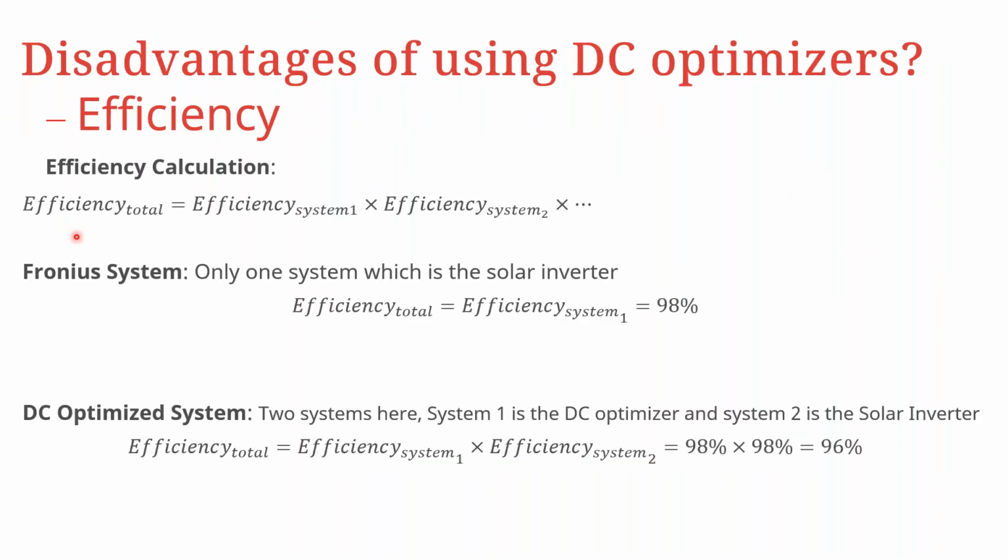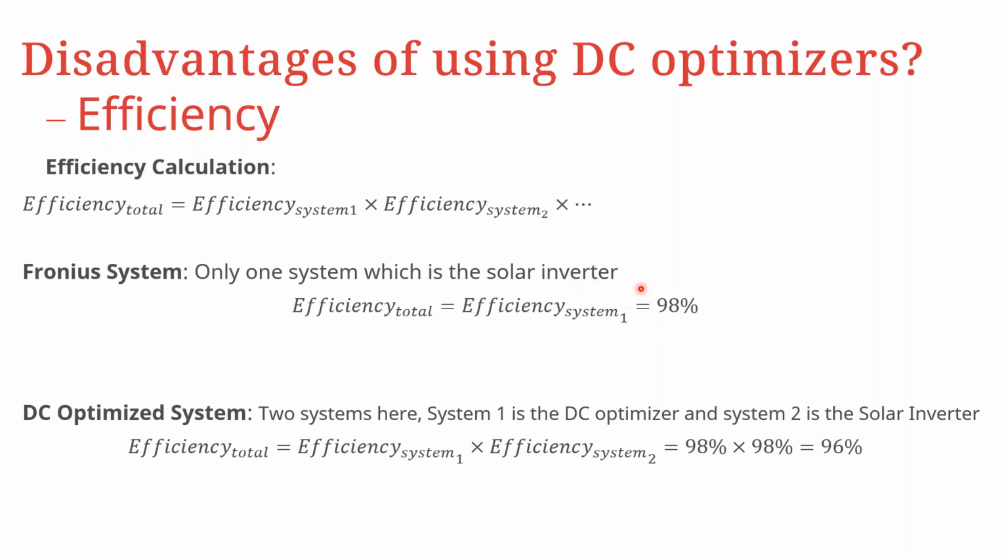But with a system using only the string inverter, we would only talk about the max efficiency of that particular inverter. If you have only one inverter, the overall system efficiency equals that of the inverter, which is roughly about 98%.